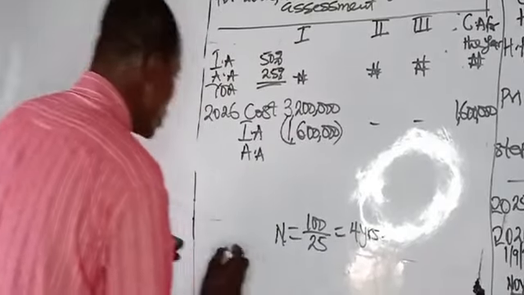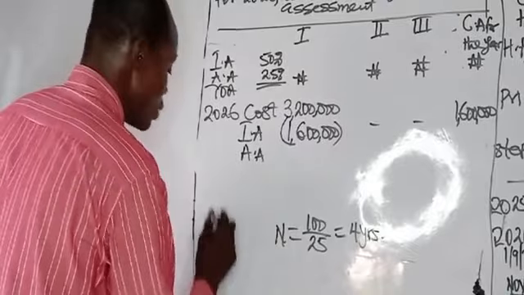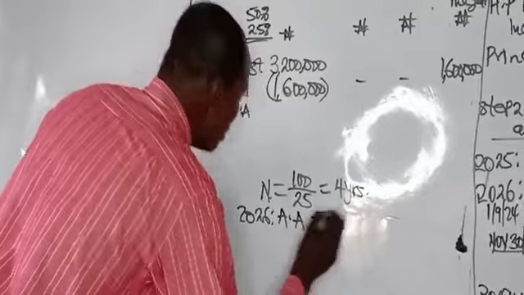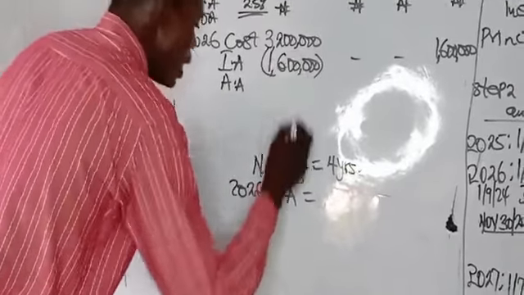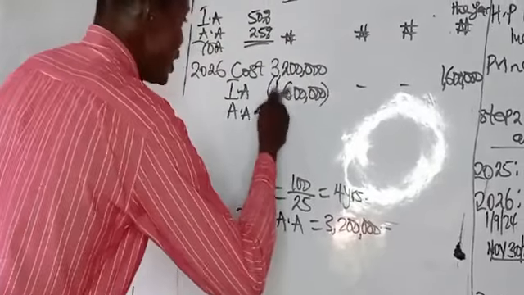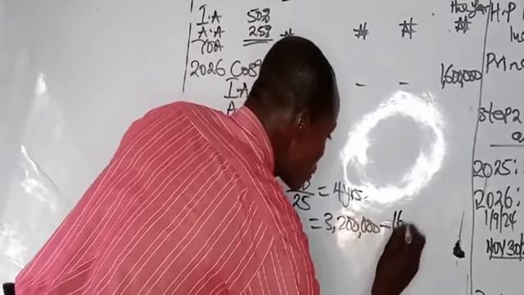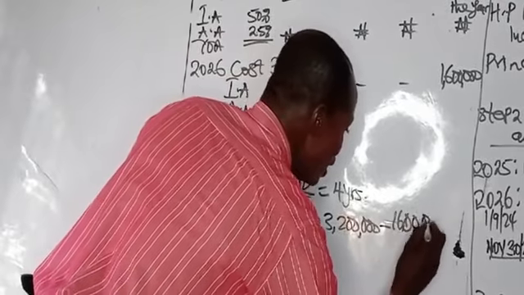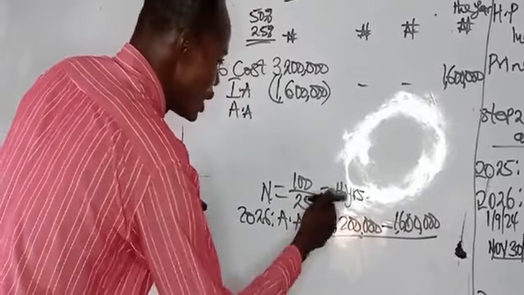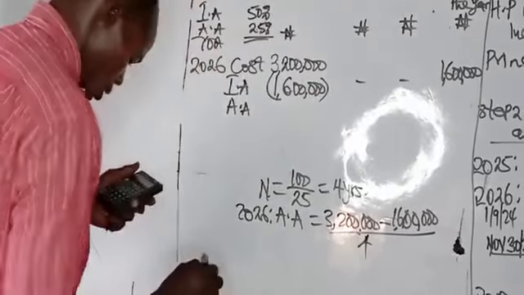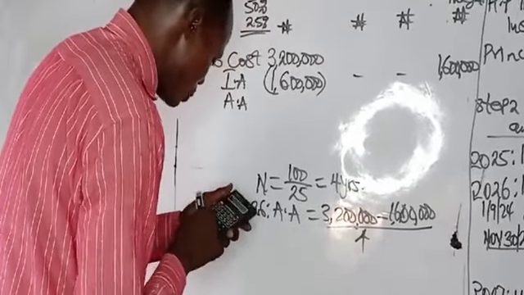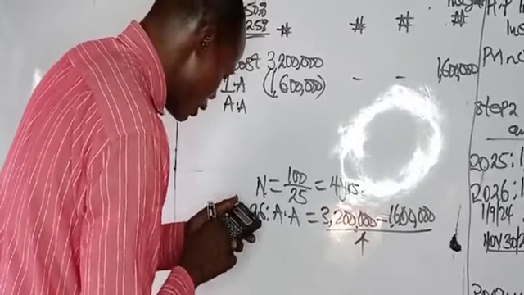So, to compute your annual allowance for 2026 year of assessment, annual allowance will be cost of 3.2 million minus initial allowance of 1.6 million divided by the estimated useful life of the asset, which is 4 years. So 3.2 million minus 1.6 million, that will be 1.6 million divided by 4.